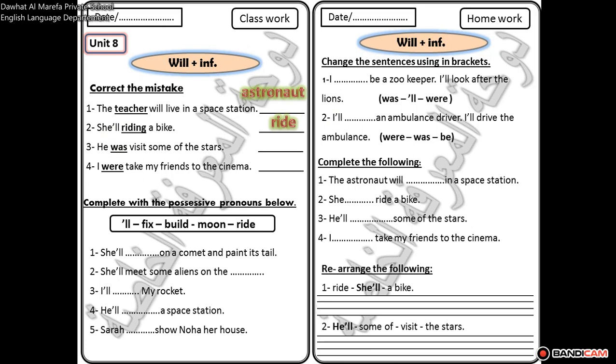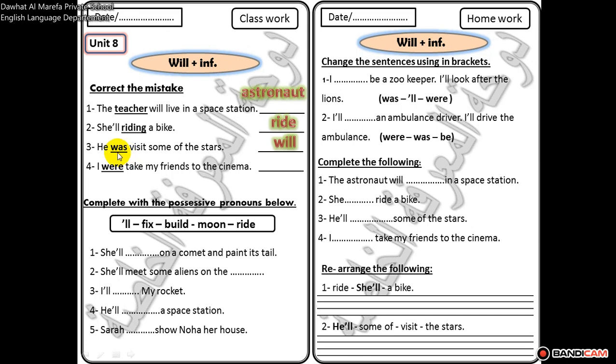Number 3, he was visit some of the stars. If the astronaut will live in the space station, he will visit. We cannot use was plus visit, but we use was plus ing.